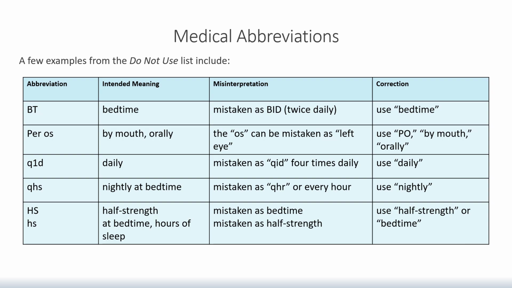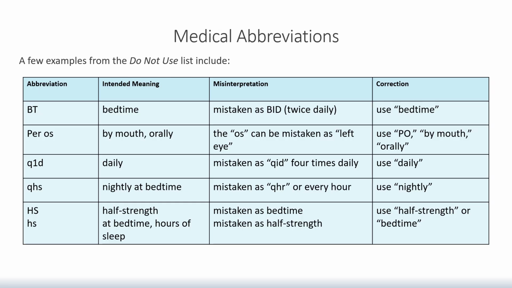There are some abbreviation examples on here for the do not use list. Someone may write BT for bedtime, which can be mistaken as BID, and just some of the others that are on here.